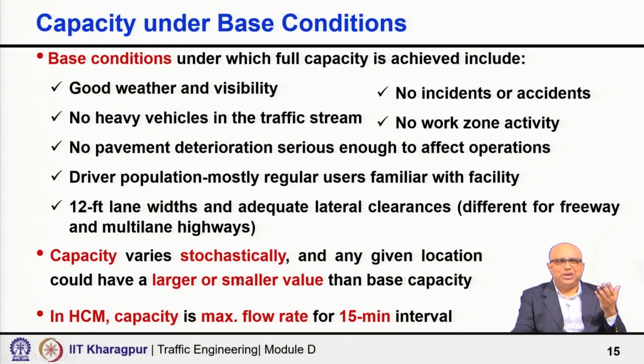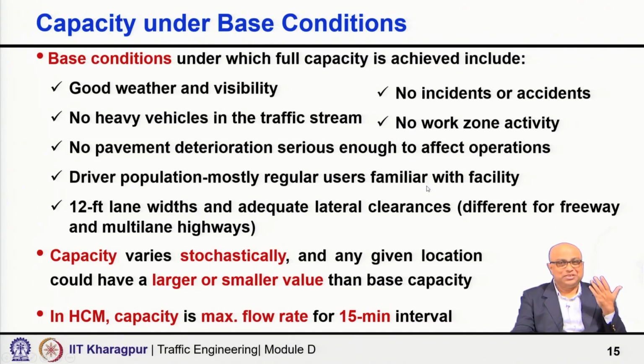Here, for freeway and multi-lane highway segments, the base condition is again defined based on a number of things: good weather and visibility, no incidents or accidents, no heavy vehicles in the traffic stream, all are cars, no work zone activity, meaning you have not blocked a part of the road for maintenance work, no pavement deterioration serious enough to affect operation, pavement condition generally good, and a driver population of regular users, and therefore familiar with the facility.